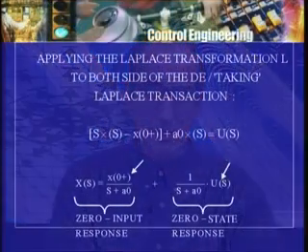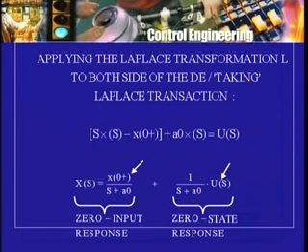One is the 0 input response and the other is the 0 state response. Now therefore, in what we are going to do very soon, we will keep these two terms separate. In fact, for some time we will keep aside the 0 input response part of it. In other words, alternately we can say that we are assuming that the initial condition is 0.